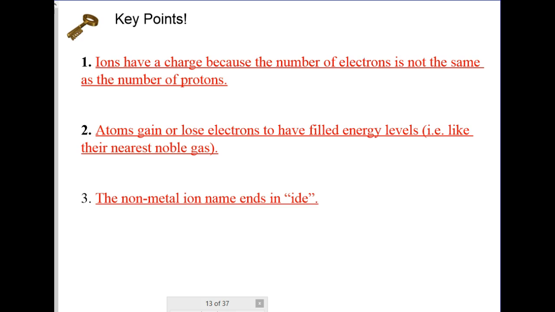Ions do. Ions have a charge because the number of electrons has changed. If the substance has gained electrons, then it will be a negative ion. If something has lost electrons, then it will be a positive ion.